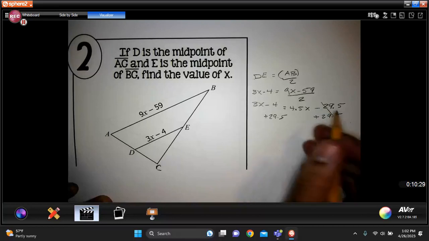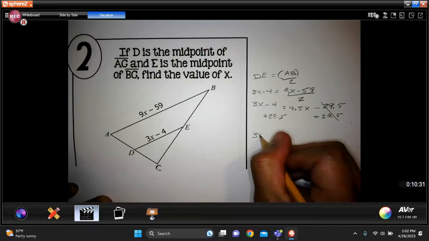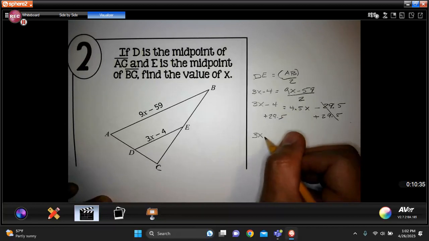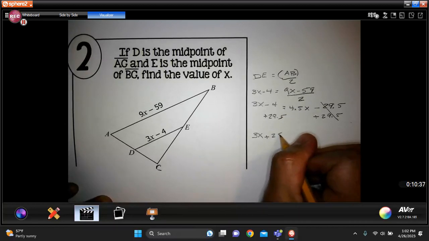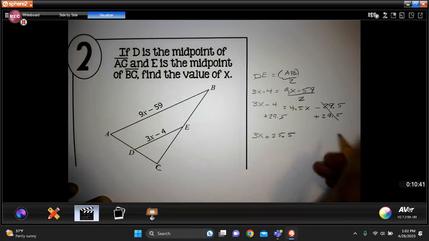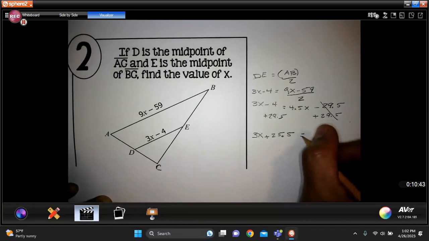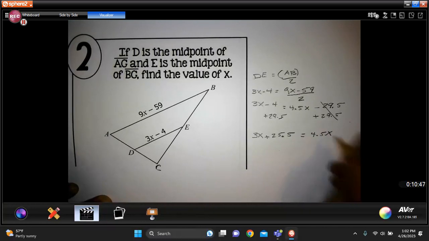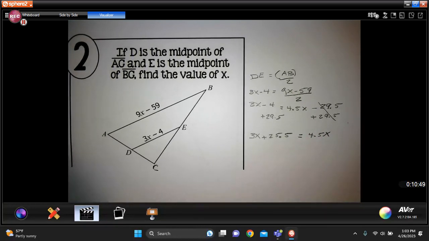This is going to cancel. So we're going to have 3x. And then minus 4 plus 29.5 is just going to be 25.5, equals 4.5x. Alright?